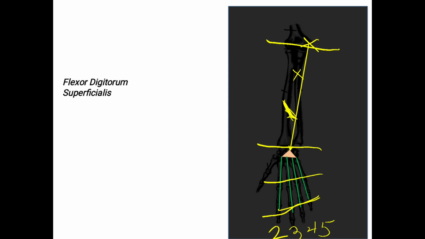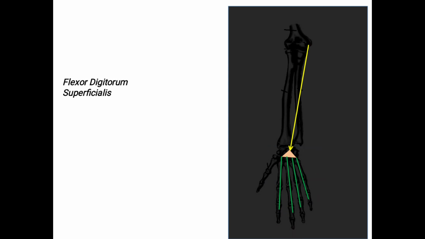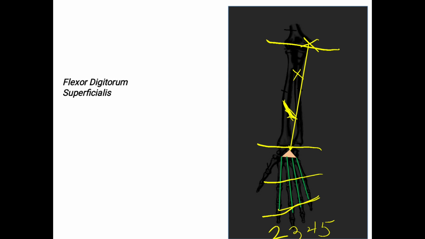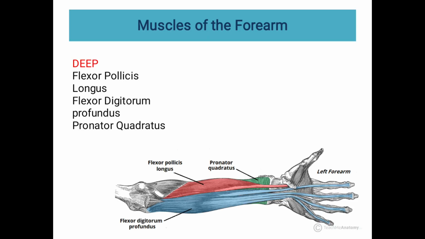Okay, let's proceed guys to the deep muscles of the anterior forearm. So you have the flexor pollicis. Actually, please put there longus. Flexor pollicis longus.